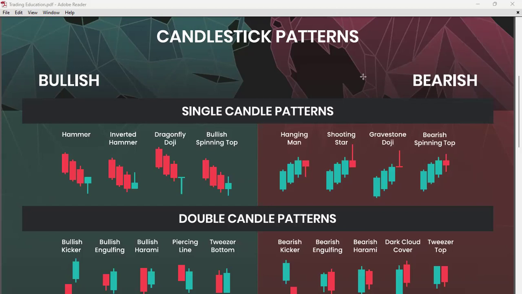Now, because I have decided to treat chart patterns, the foundation of chart patterns is taken from candlesticks. So candlestick patterns are the foundation of chart patterns. If you don't know your candlestick patterns, you wouldn't understand chart patterns.